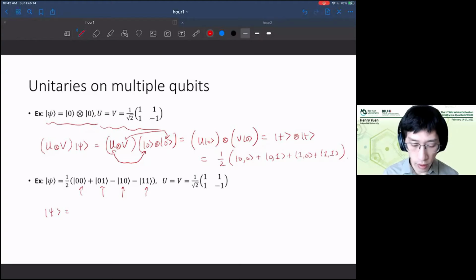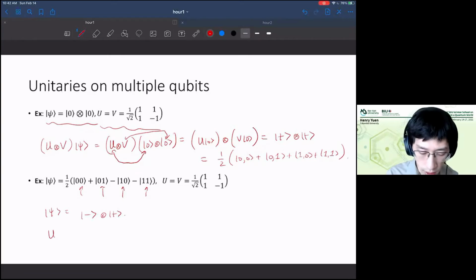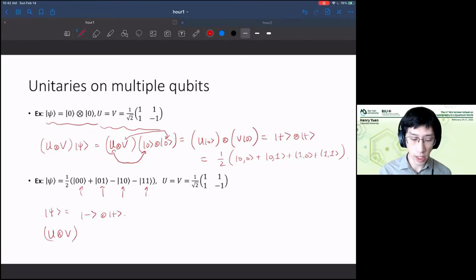So if you look carefully, this is equal to, I believe, the minus state tensor the plus state. You can check that this is true. So then computing the action of this unitary on this state psi is now very simple.